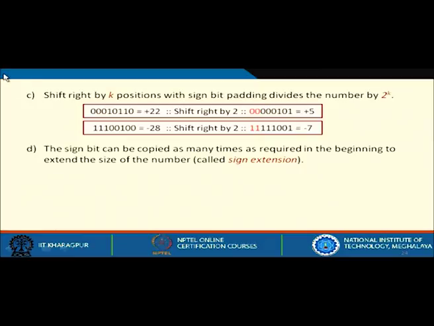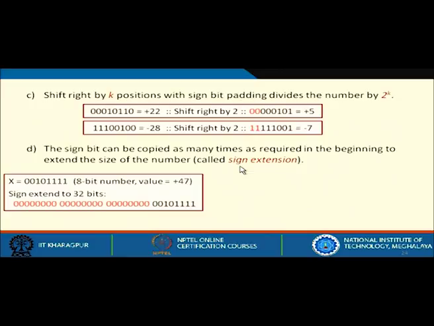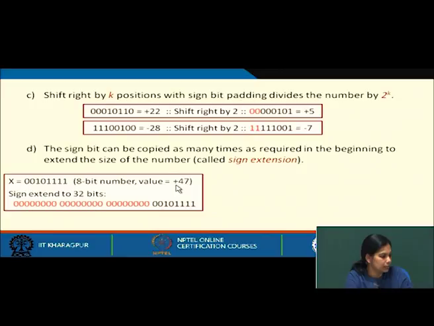Now, this sign bit can be copied as many times as required to extend the size of the number. I have already shown you this in the beginning; this is called sign extension. This is an 8-bit number, which is plus 47.